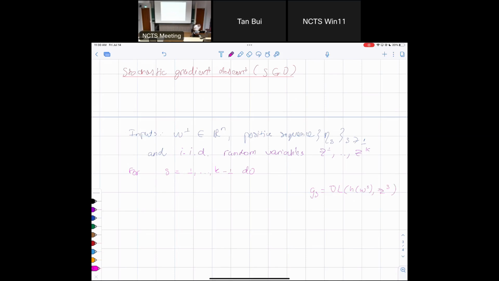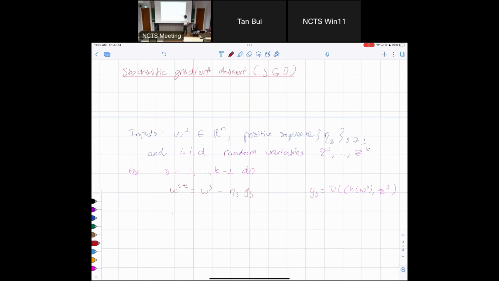Our gradient descent looks exactly like what we did before: ws plus 1 is equal to ws minus eta s gs.